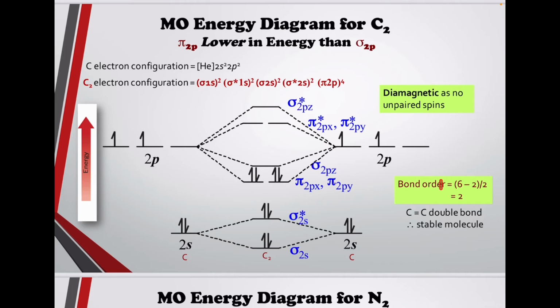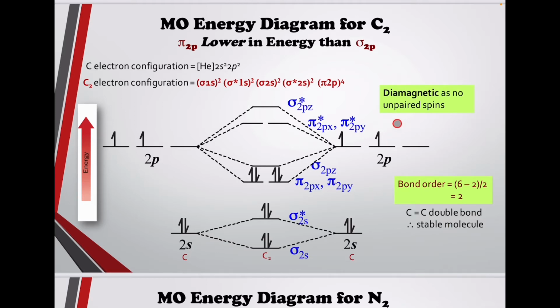So for the bond order, 4 plus 2 is equal to 6, minus 2 and divide by 2, and the answer is 2. Carbon to carbon is a double bond, so this is a stable molecule.